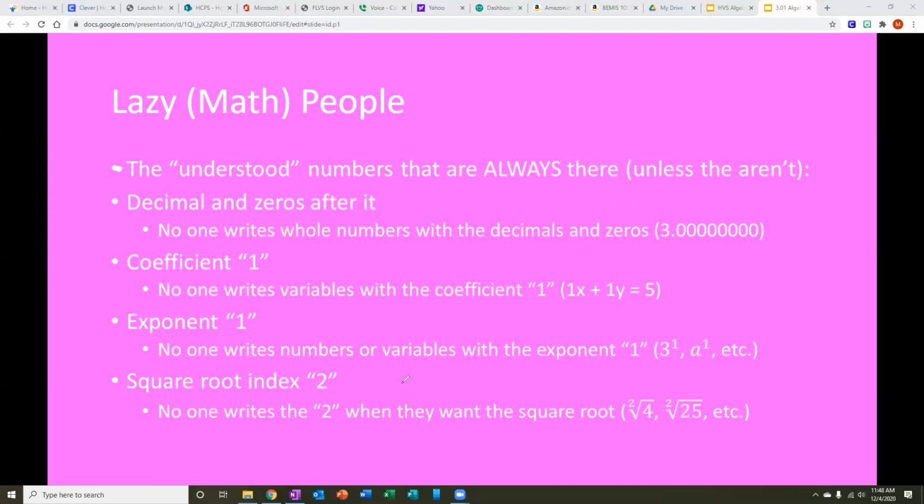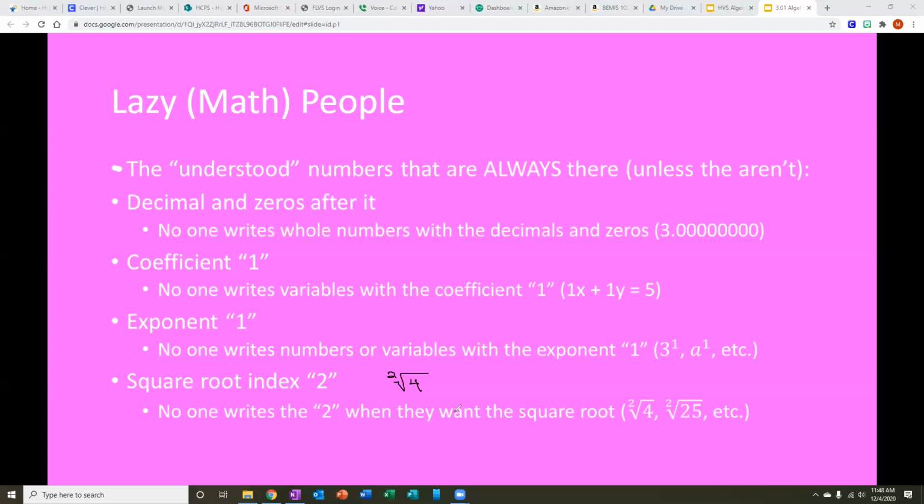But every time you see this, normally, that actually has a 2. This is the understood 2. It's the only one that isn't an understood 1 or 0. So you have zeros and ones, but this is an understood 2. But nobody writes that because most of the time, you're only interested in the square root. It's not until you get to higher levels of math that you even realize you can take cube roots or 4th roots or 5th roots or 6th roots.